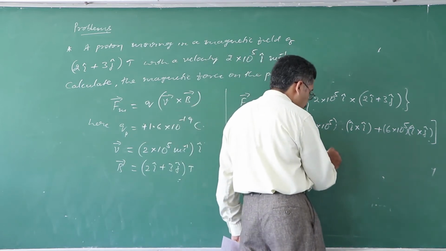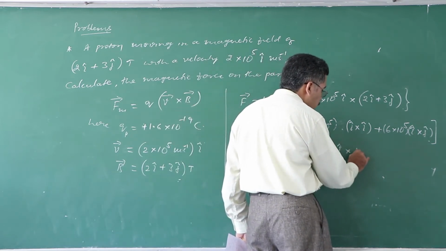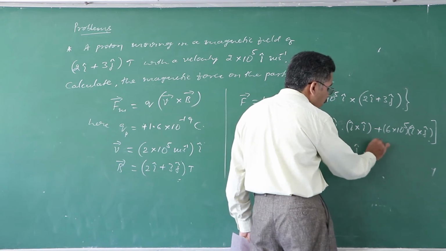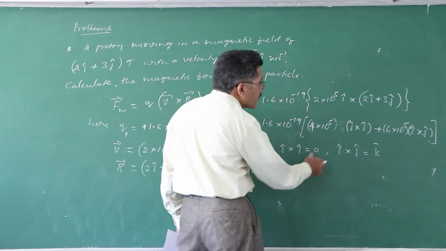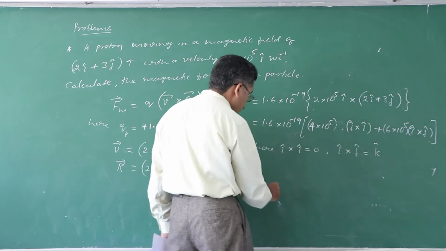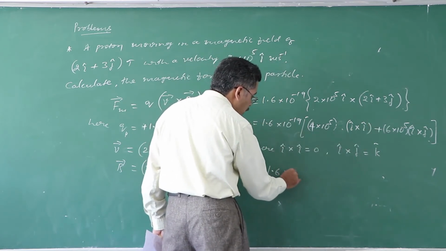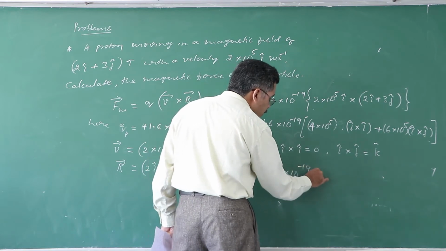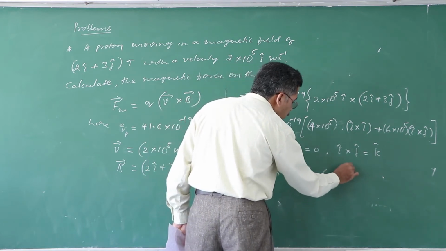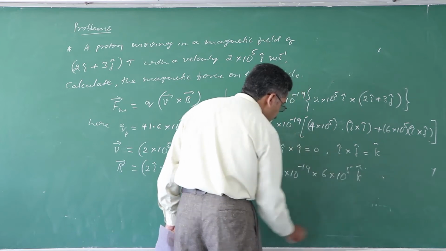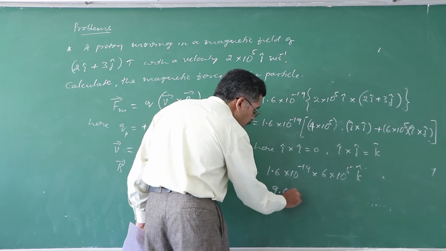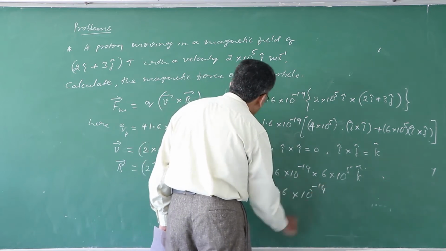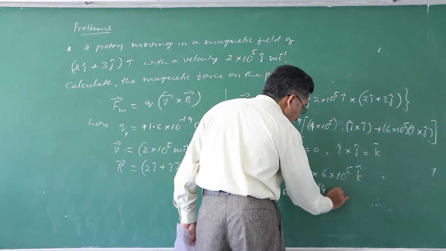While î × ĵ gives you k̂, the unit vector k̂, so this term will vanish and only that term remains. 1.6 × 10^-19 × 6 × 10^5 × k̂, which is 9.6 × 10^-14 Newton k̂.